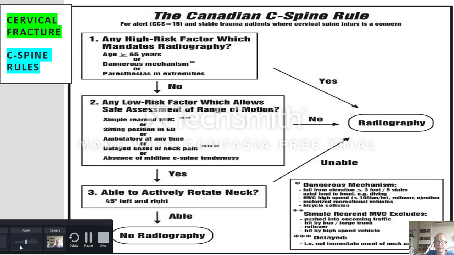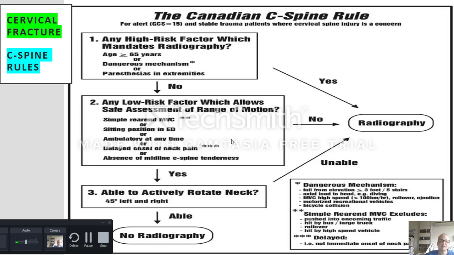So these three little dots right here, when it says delayed onset of neck pain, not immediate onset of neck pain. It's not immediate. Not you're having current neck pain. Do you have current neck pain? Delayed onset.